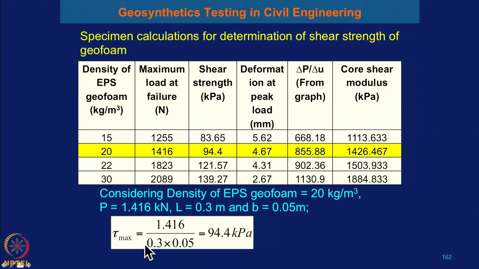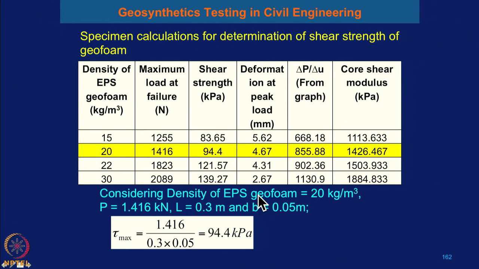So, the tau maximum, that means the core value, you can determine from 1.416 P divided by L into B, with L value 0.3 and B value 0.05. This is 94.4 kilopascal. So, you can see that the shear strength value for the 20 kg per meter cube geoform material is 94.4.